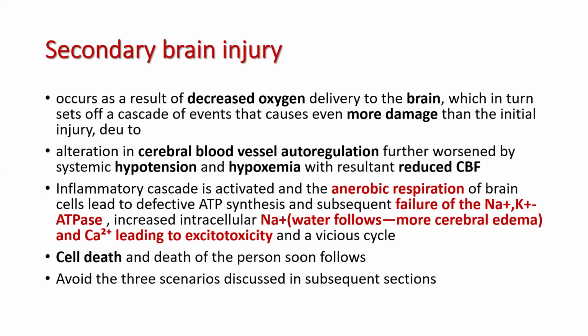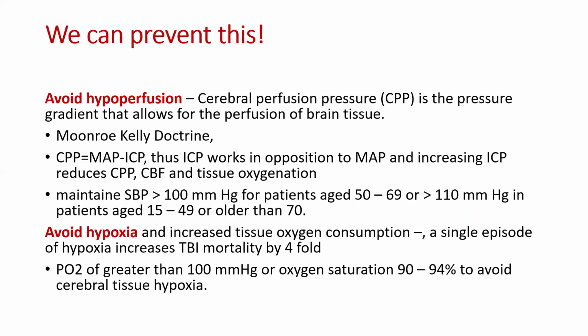We have already talked about the effect on ATP and the failure of the ATPase and the dysregulation of the ions, which leads to the vicious cycle of head injury that we see. When this is not managed, we will have cell death occurring and we lose the person.